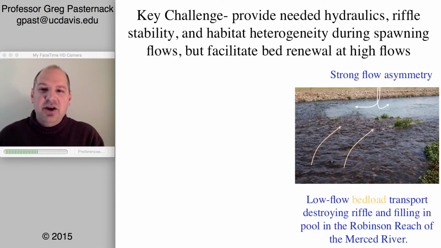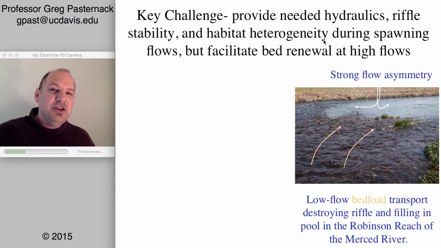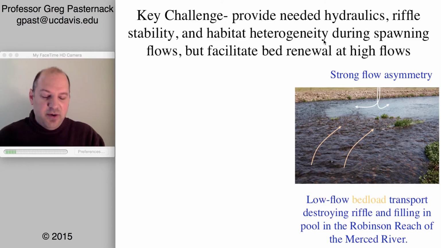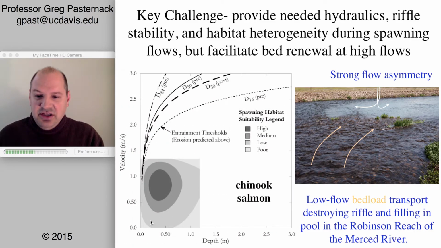So the problem here is that you've got to provide the right velocities for spawning, but you can't do it by violating the geomorphic processes that are there. And so this shows the relationship between velocity on the y-axis and depth on the x-axis. If you have velocities that are so high for a given depth, then you're going to be transporting these sizes like D84.